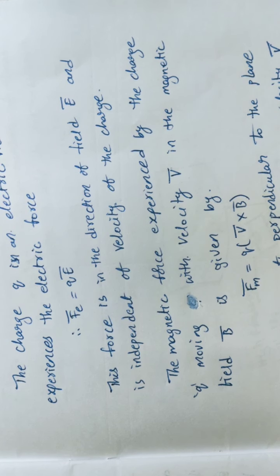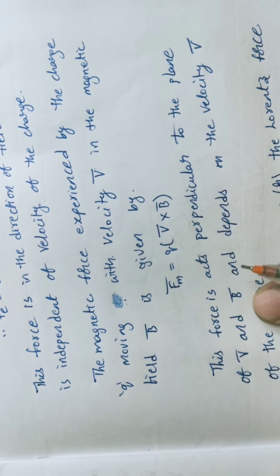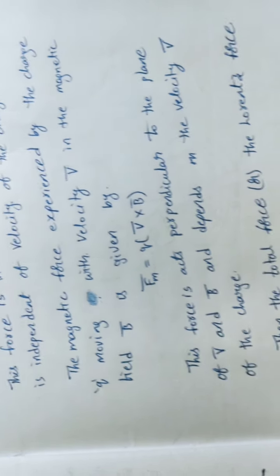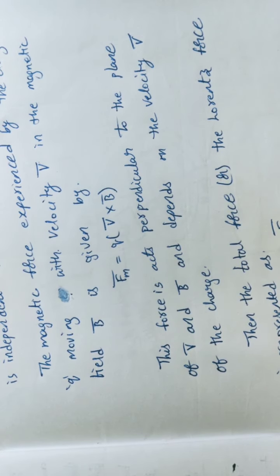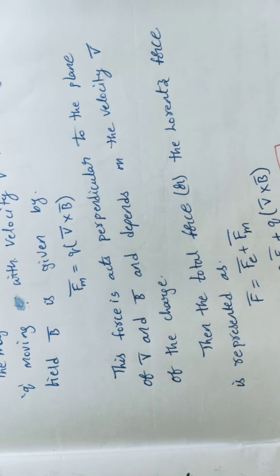This force acts perpendicular to the plane of V bar and B bar and depends on the velocity V bar of the charge. Then the total force, or Lorentz force, is the summation of the force in the electric field, q E bar, and the force in the magnetic field, q V bar cross B bar.